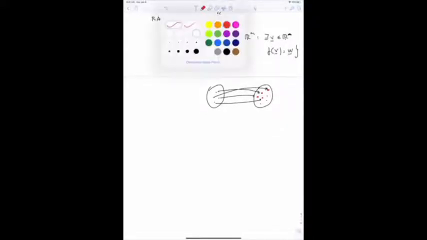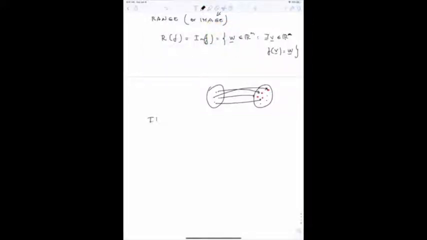Now, you can actually define that for matrices too. So if A is the matrix associated to F, then the null space of A is the space of the solutions.